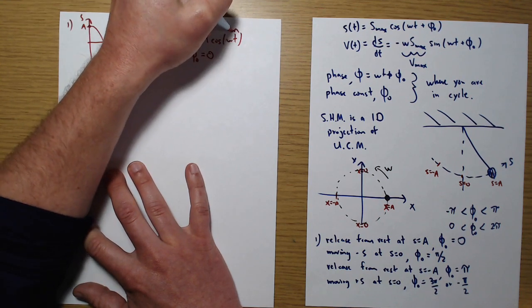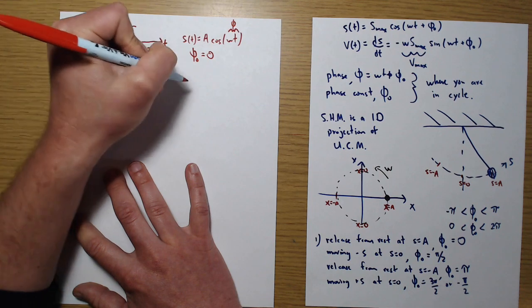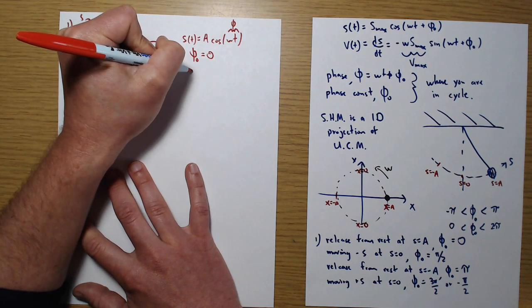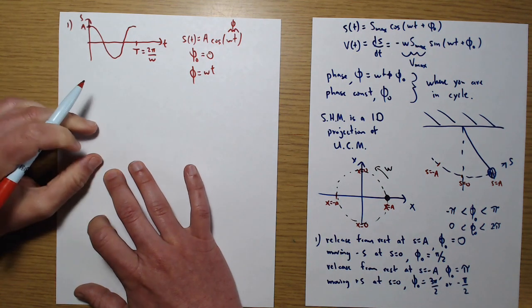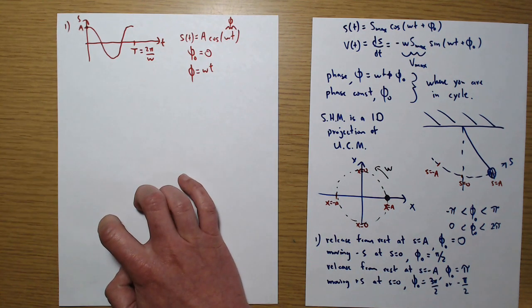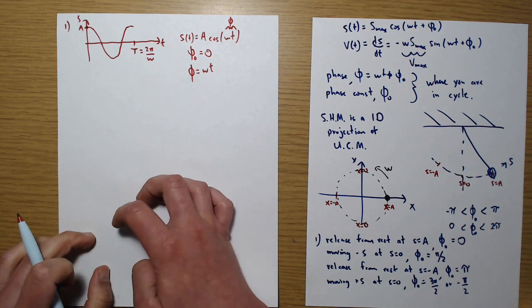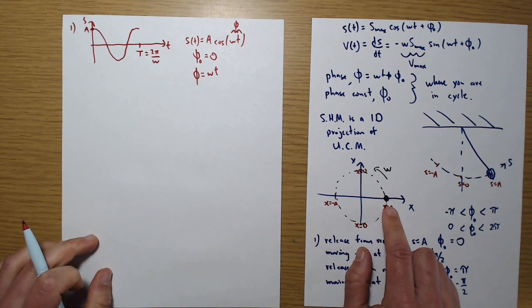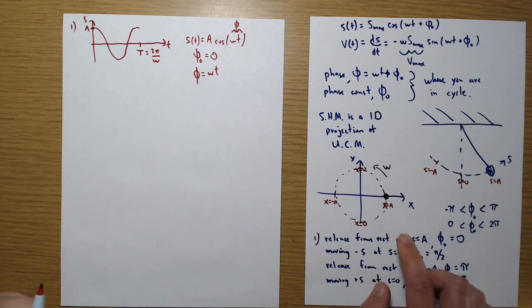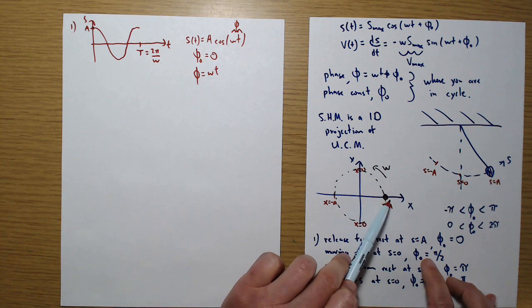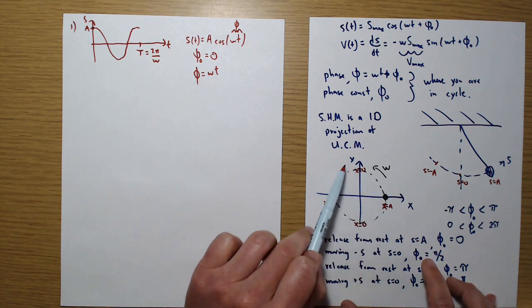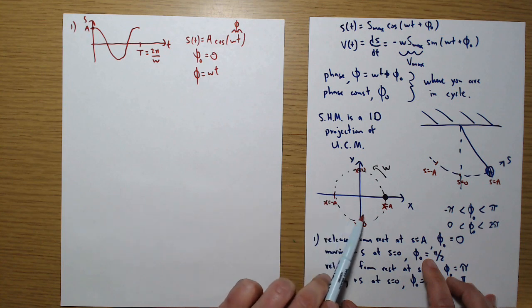But the phase, which is the omega t, equals omega times t. So if I look at the circle here, what's happening is this number 1 describes an object undergoing uniform circular motion. It starts at this point right here, and it just goes around and around on the unit circle.